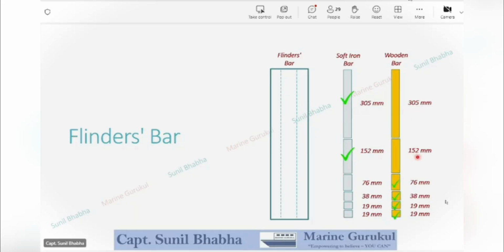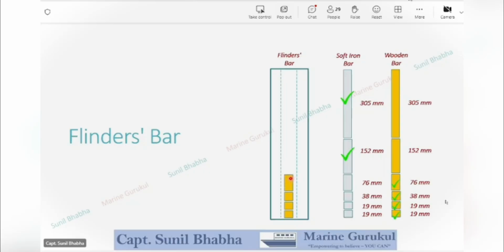Other than 305 and 152, he will pick up all the wooden pieces, 76, 38, 19 and 19, and he will drop these pieces in the Flinders bar casing. So let us put these pieces here. You see all these 4 pieces coming here: 19 mm, 19 mm, 38 mm and 76 mm. These are the wooden bar pieces.